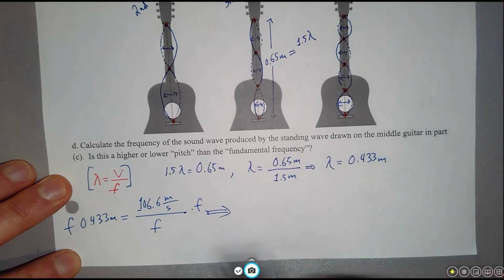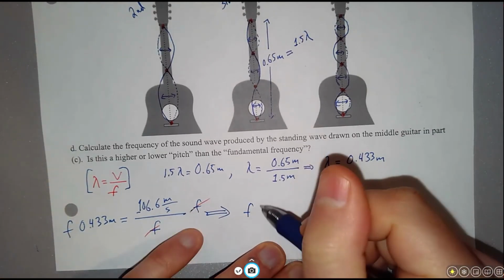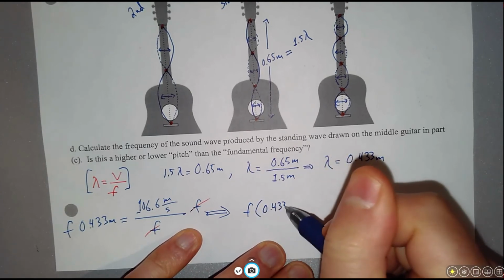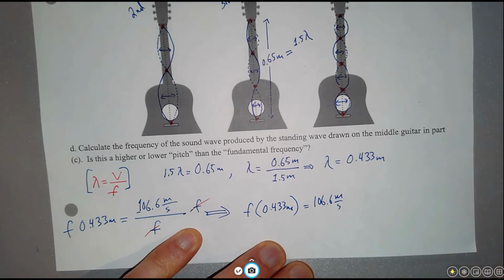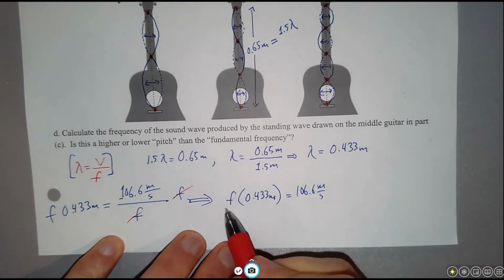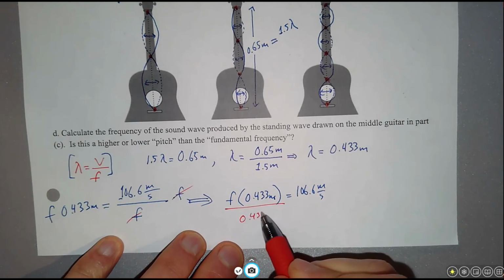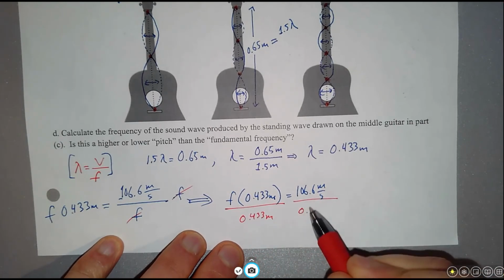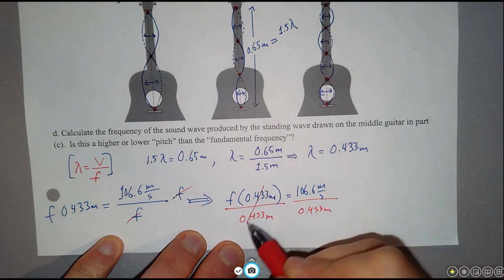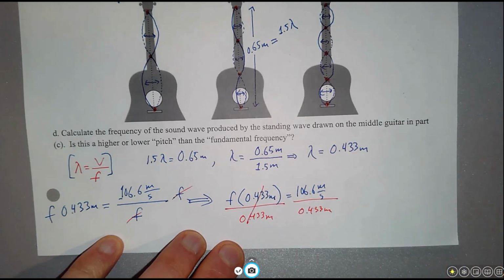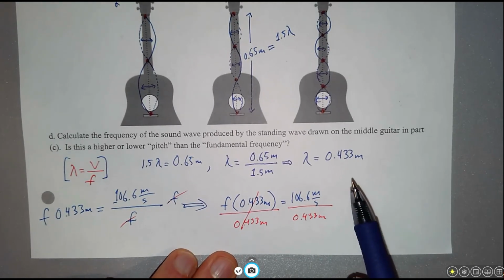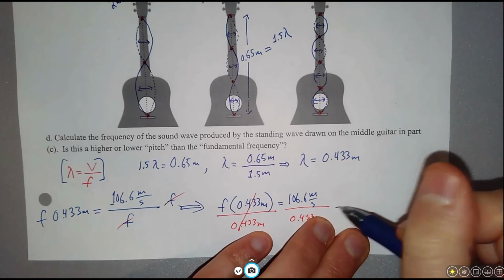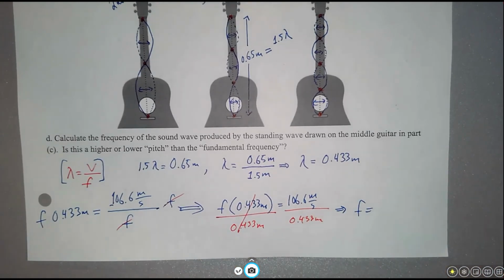The f cancels out on the right side, and we get that the frequency times 0.433 meters is equal to 106.6 meters per second. Since we're solving for f, let's now divide each side by 0.433 meters. That cancels out on the left side, so we get that frequency is equal to 106.6 meters per second divided by 0.433 meters.